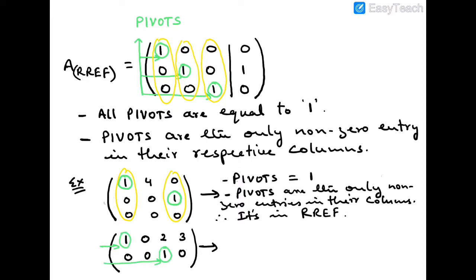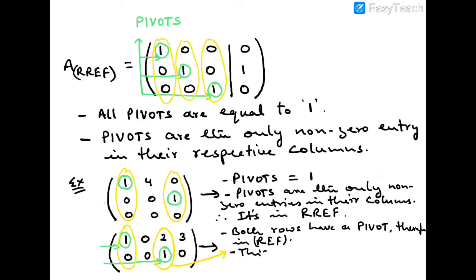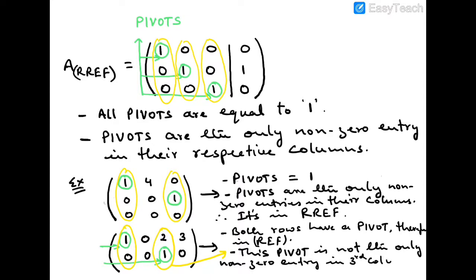Now look at the second matrix where both rows have a pivot. Therefore this matrix is in row echelon form. But this pivot is not the only non-zero entry in third column. Therefore it is not in reduced row echelon form. So for reduced row echelon form, pivot should be the only non-zero entry in its column.